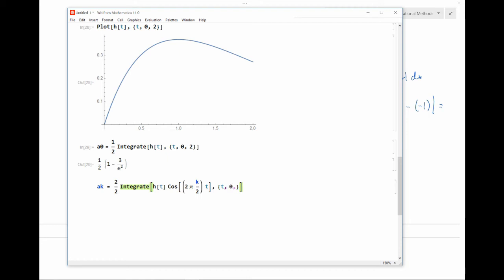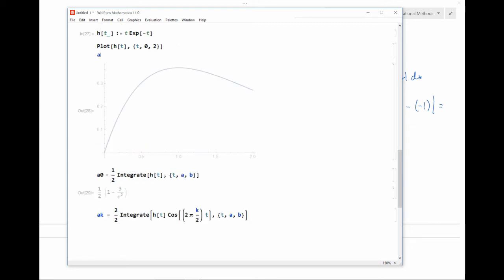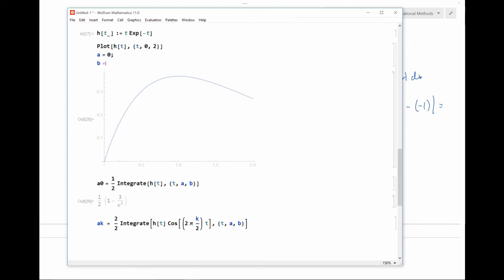Let's replace 0 with a and b. And let's just say here that a is 0 and b is 2.